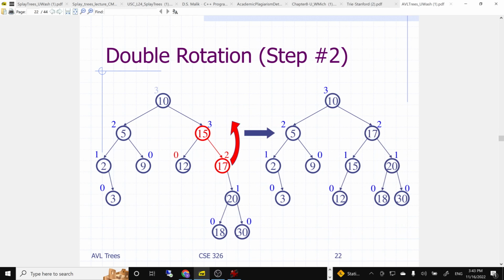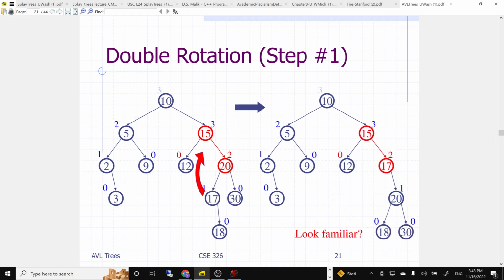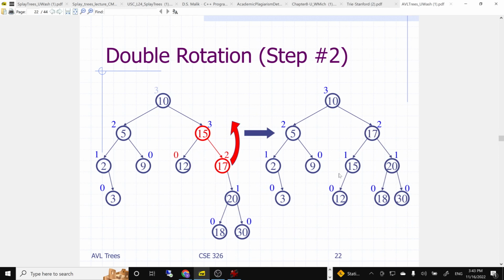And now we are fine. Height 2, height 2, this is completely fine. Moving up, 17 down, it might look like it's not, but this is fine. This is height 2. Of course, the left side is completely fine already. So we are done with this rotation.